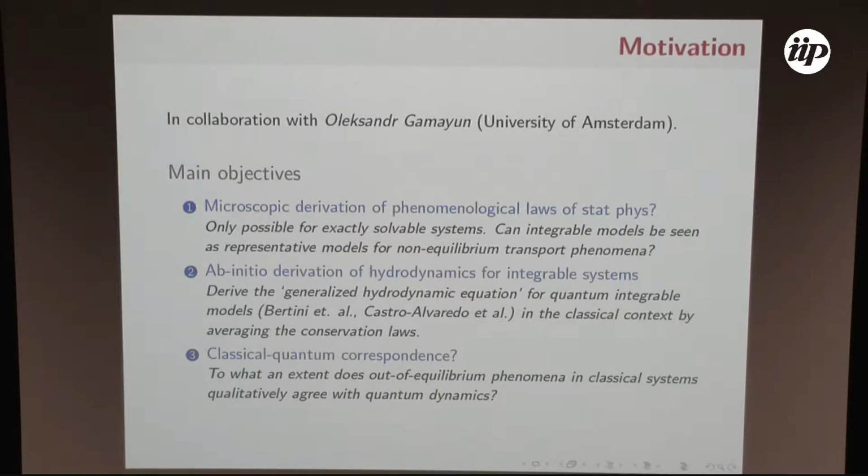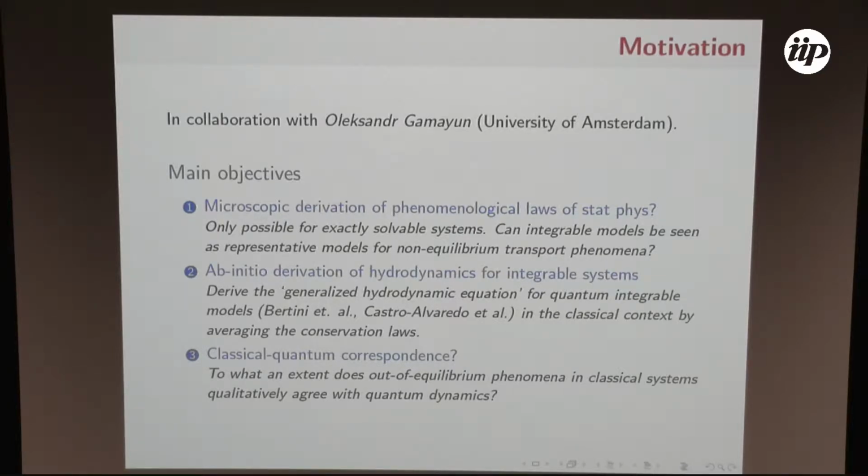The second motivation is, we had this talk on Tuesday by Jacopo when he was explaining how to use a recently proposed generalized hydrodynamic equation to describe transport near and far from equilibrium in quantum integrable systems.